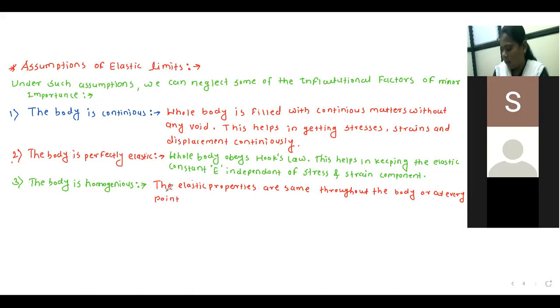This is called homogeneous. Elastic properties are same throughout the body or at every point, so this is called homogeneous.